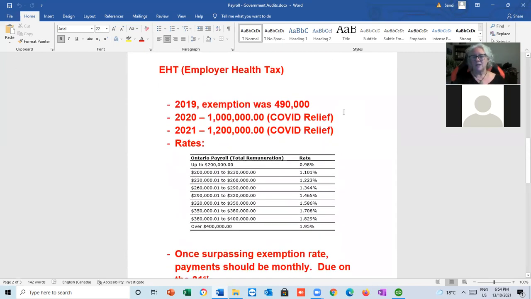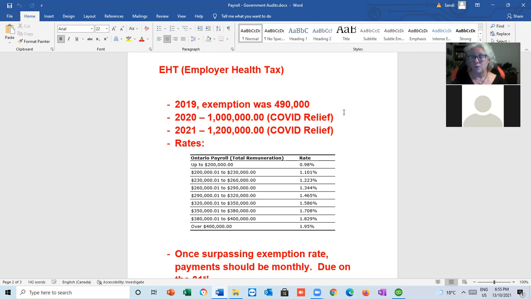The EHT is the other one. So if you're over a certain amount of money, in 2019, it was 490,000, before COVID relief. So if your gross payroll is less than 490,000, you don't have to worry about EHT. That's the threshold. With COVID relief in 2020, it went to $1 million.